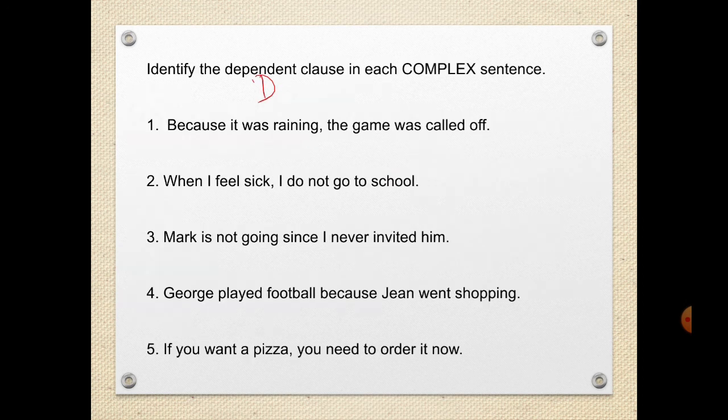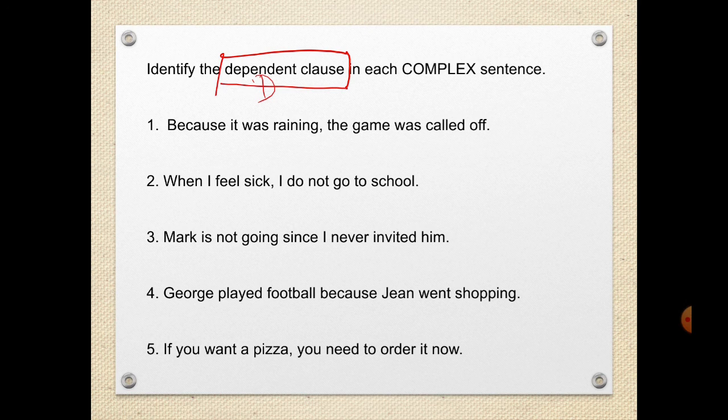So let's look at the exercises here. Identify the dependent clause in each complex sentence. So we need to look for a dependent clause. How do we identify a dependent clause? Remember, there is always a subordinating conjunction before the dependent clause.